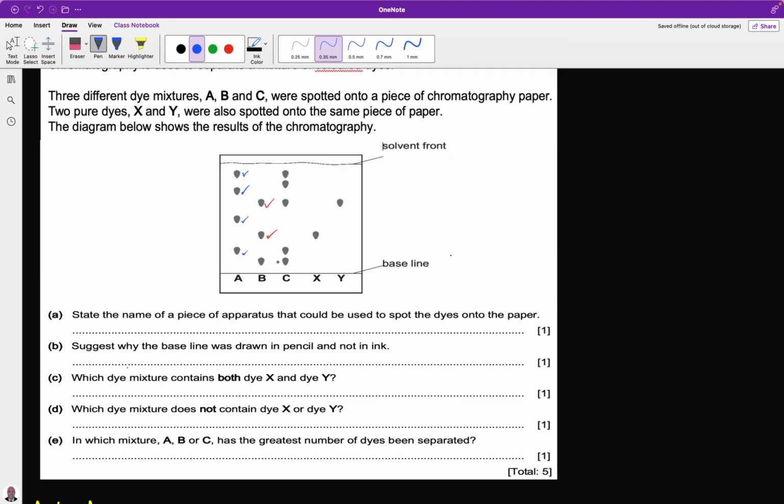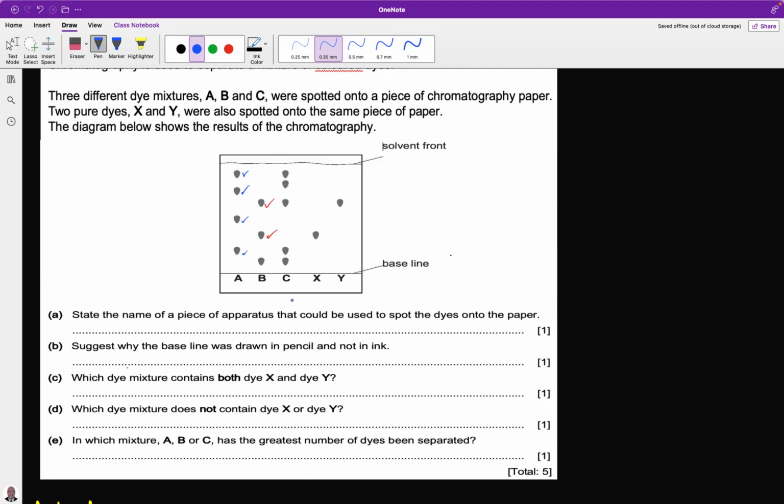Now, the number of dyes that have been separated, we have 1, 2, 3, 4, 5. B has 1, 2, 3. A has 1, 2, 3, 4.